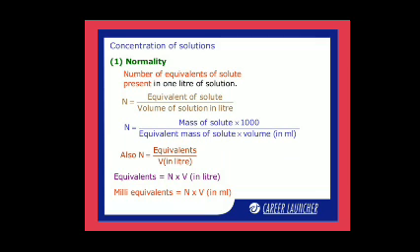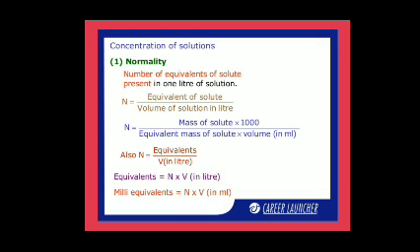Concentration of solution: normality is equal to number of equivalents of solute present in 1 liter of solution. Therefore, normality is equal to equivalents of solute by volume of solution in liters. Therefore, N is equal to mass of solute by equivalent mass of solute into 1000 by V in milliliters.